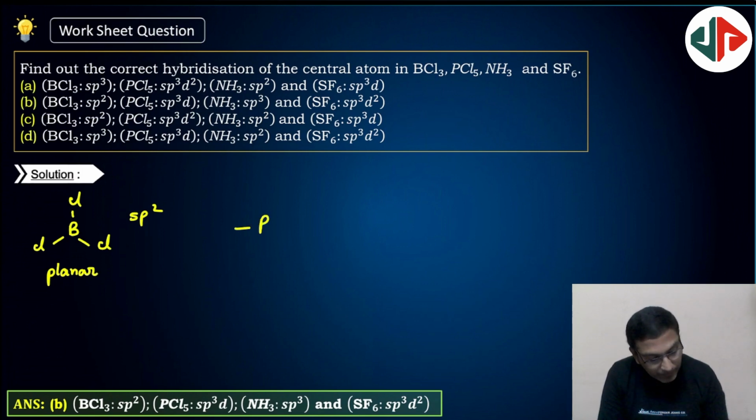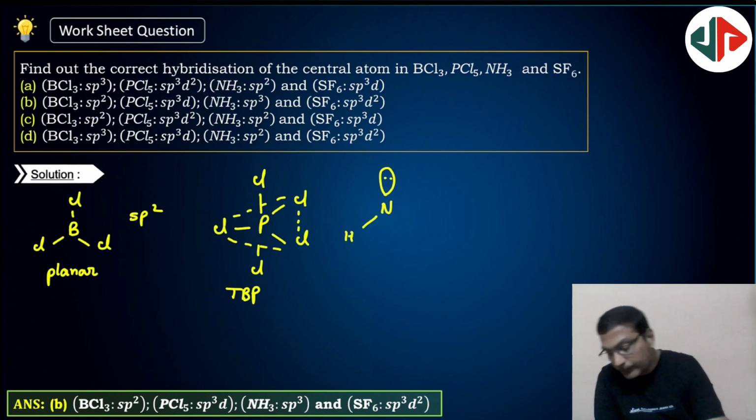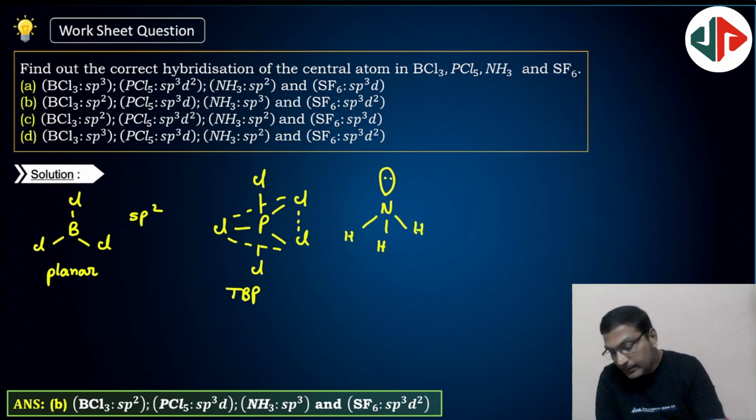PCl5 will be like this, trigonal bipyramidal. Next NH3, one lone pair, pyramidal.